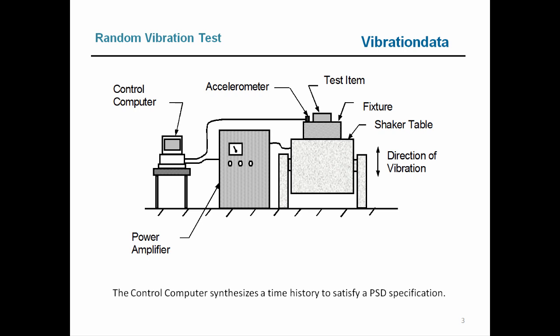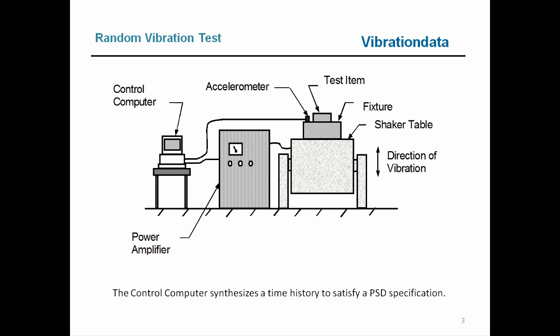This slide here is actually a review slide. So imagine going to the control computer and typing in a power spectral density specification in terms of coordinate points. Well, that control computer has no way whatsoever to directly send a PSD via the power amp into the shaker table. But what it can do instead is come up with an acceleration g versus time in seconds time history.